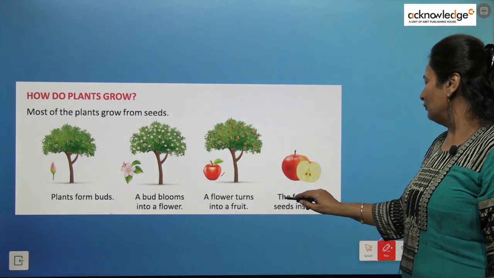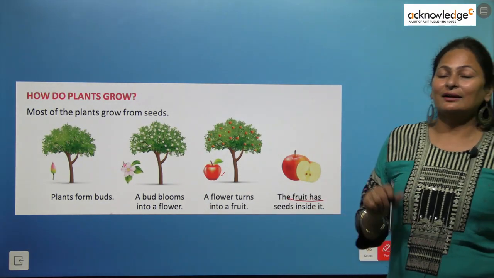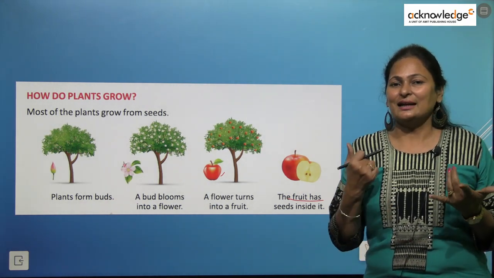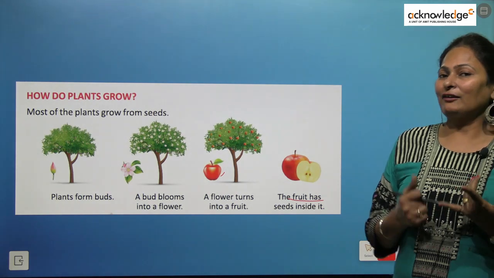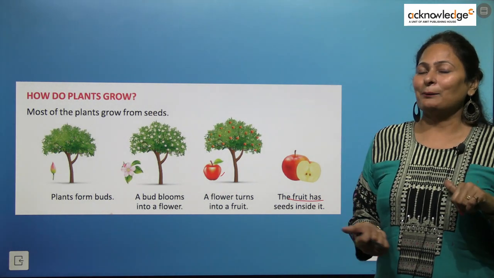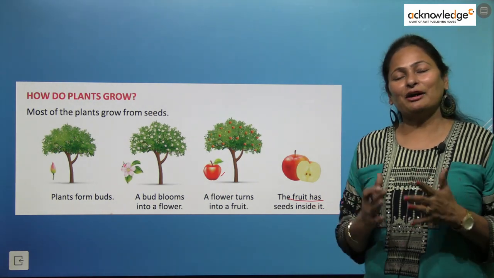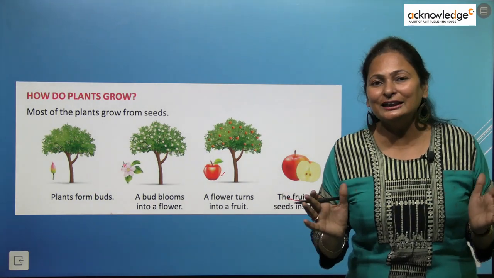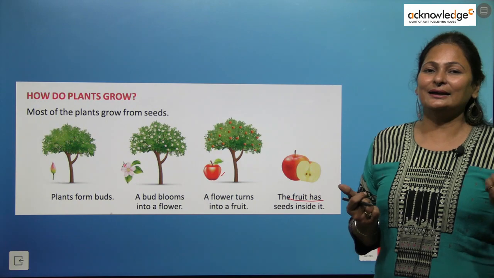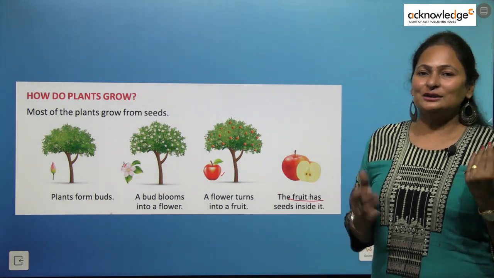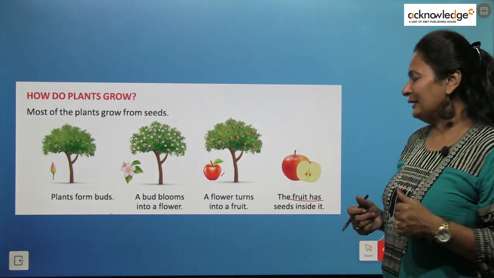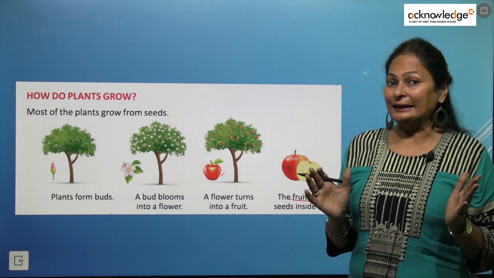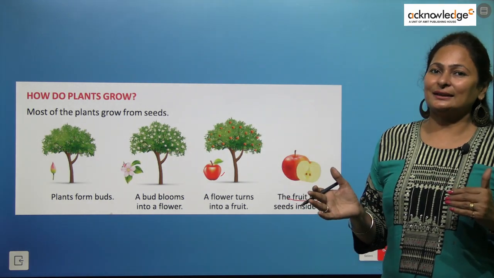And some fruits have seeds inside them, as we have discussed. Some fruits have a single seed, some have a few seeds and some have many seeds and some have no seeds, like banana. Yes, banana does not have any seed, right? And the strawberries we have discussed, it has seeds outside it, right?